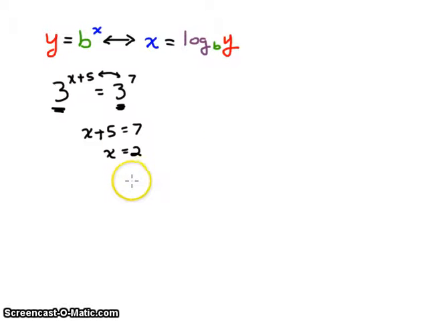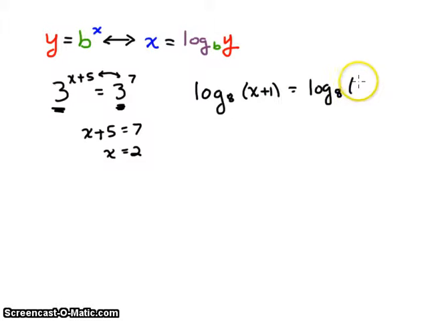This is what's called solving by the same base method, or common base. We can also apply this to logarithms. We could do something like log to the base 8 of x plus 1 is equal to log to the base 8 of 6.